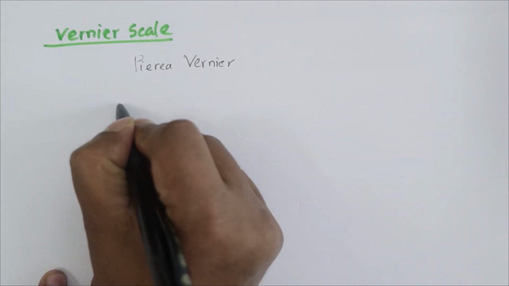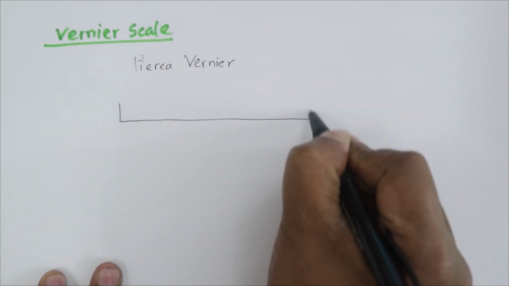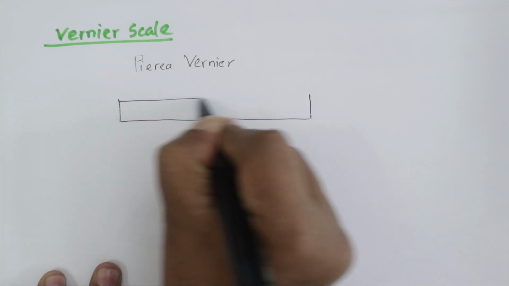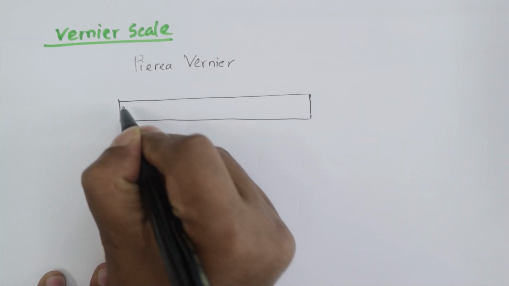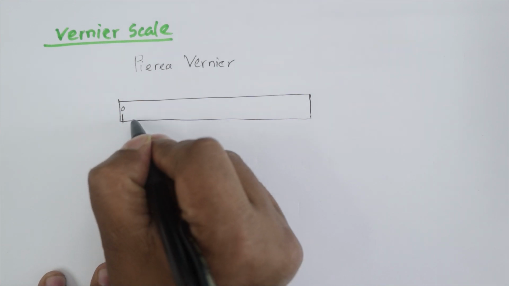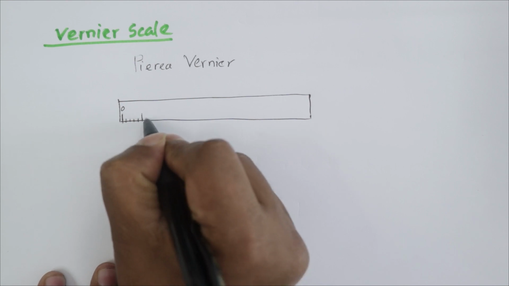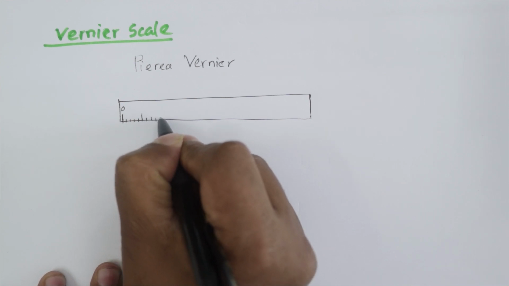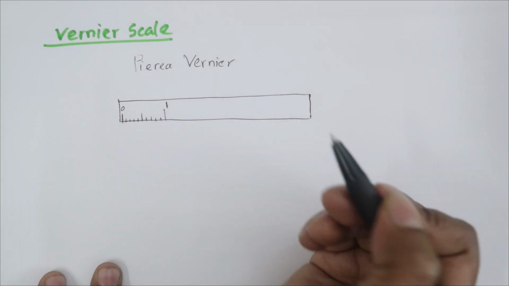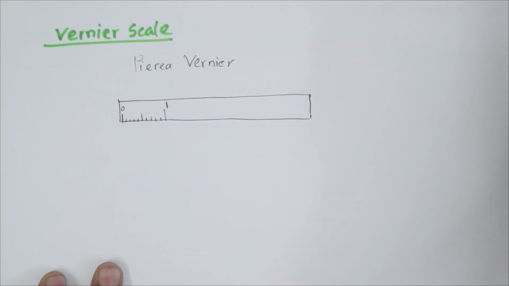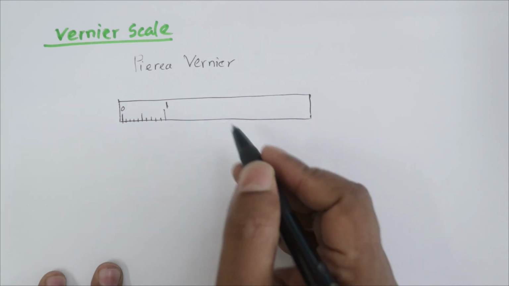Here there is a main scale in centimeter. 1 2 3 4 5 1 2 3 4 5, 1 centimeter, and the smallest division is 1 millimeter.